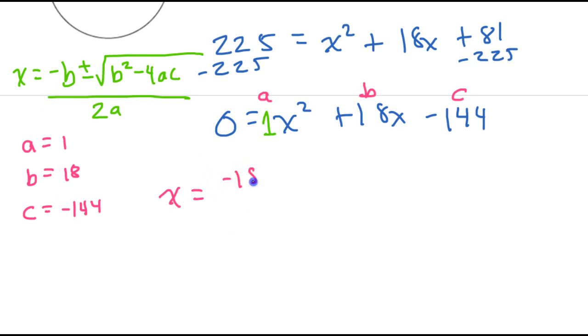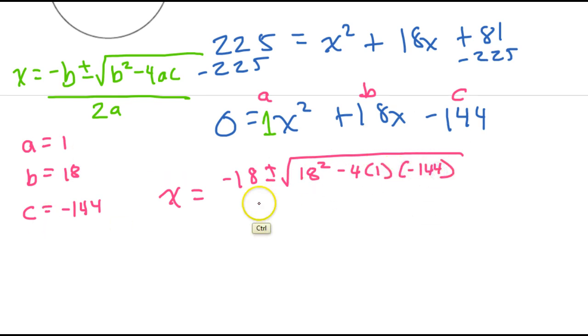So that's negative 18 plus or minus the square root of b squared, so that's 18 squared, minus 4 times a, which is 1, times c, which is negative 144, all over 2a. So that's just 2 times 1. So all I have to do is simplify this down, and that will be my answer.